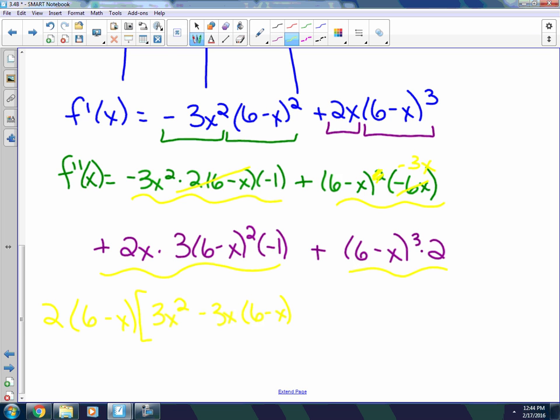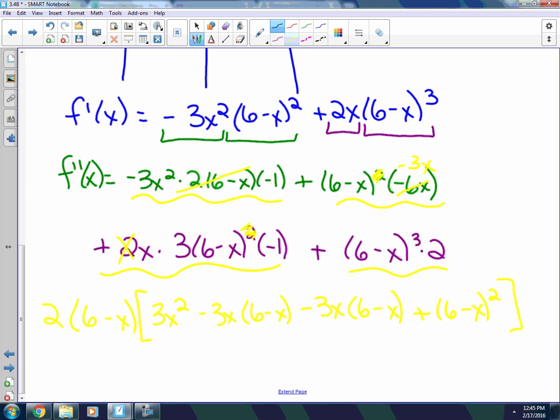Okay, then here, take out one of my 6 minus x's and my 2, and I'll have minus 3x times 6 minus x plus 6 minus x squared. Be okay with that. I mean, we know what's going on.